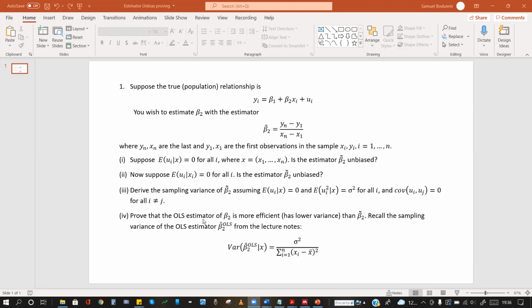So we know the sampling variance of the OLS is given at this, right? So now let's solve this. For the first question, let me share my board with you. From the first question, we know our yi to be this.